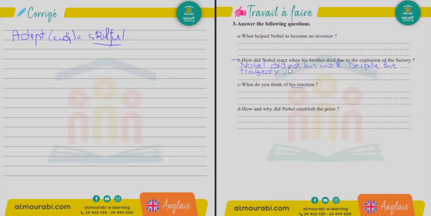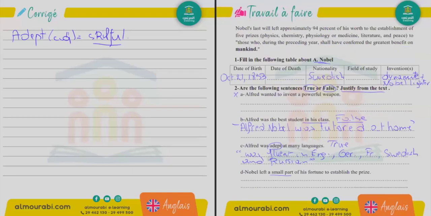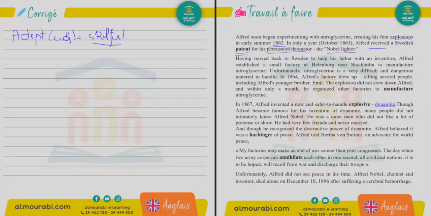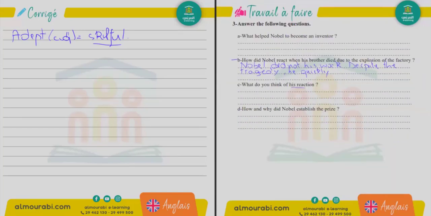He quickly, we go back to the text, did not slow down, then he organized other factories. He quickly organized, let's say, established other factories.